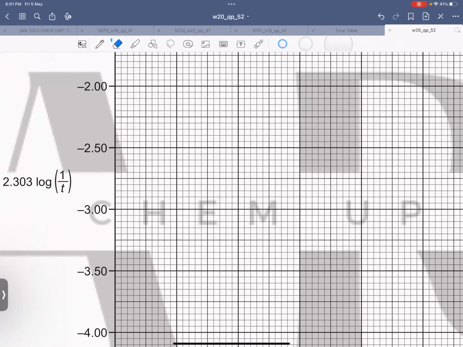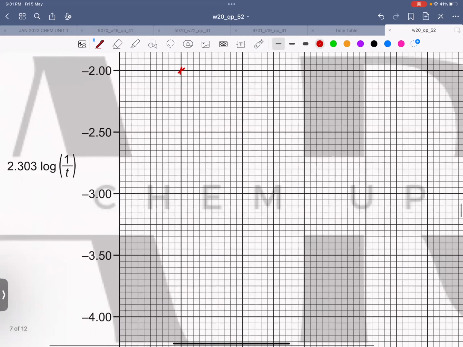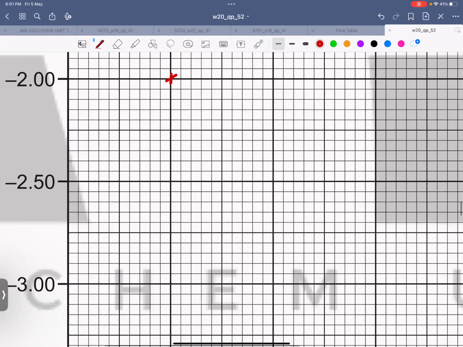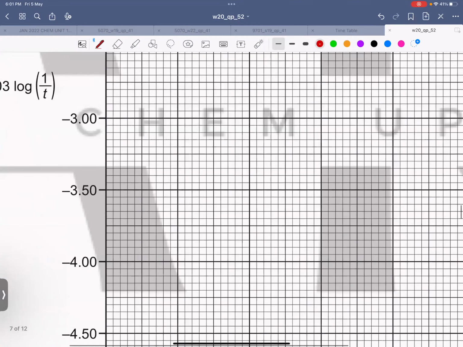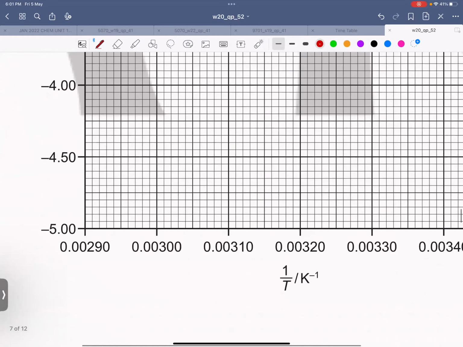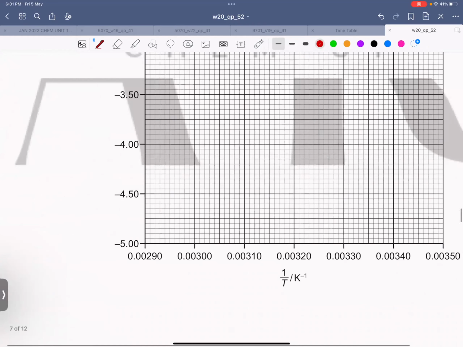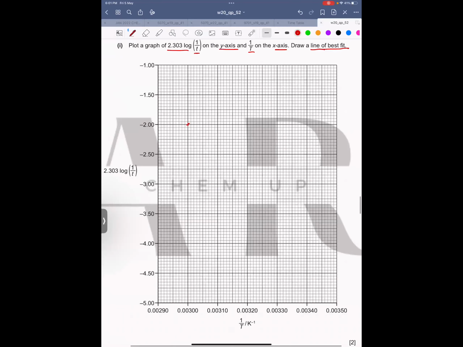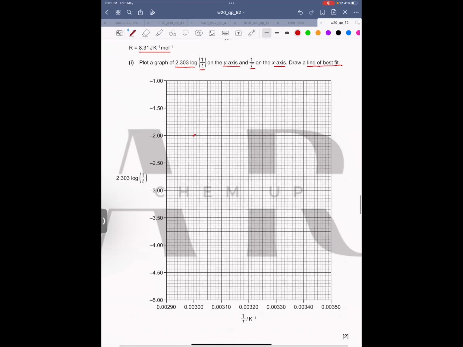Remember, don't put dots. So at -2, now, what was the next value? 0.0031 and -2.6.